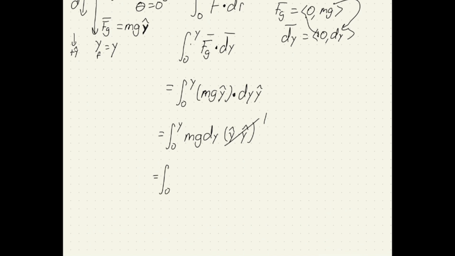And I take the integral from 0 to y of mg dy. And this is the integral that we're going to do. And so my m and g, those are constants. So just like with differentiation, in integration we can pull constants out, and I get mg times the integral from 0 to y of dy.